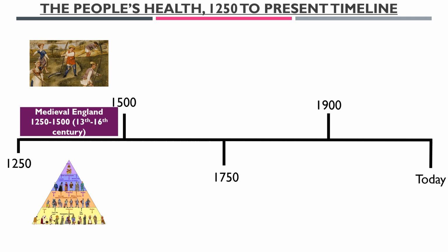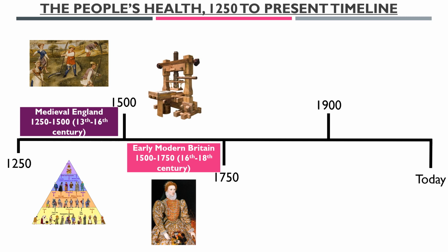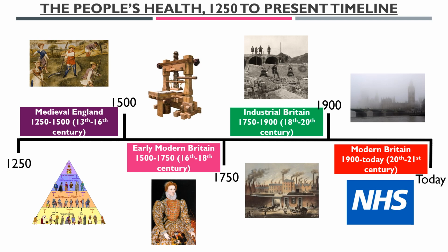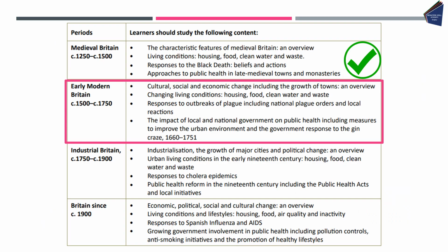This video is going to be focused on early modern Britain, 1500 to 1750, the 16th to the 18th centuries, and then there will be subsequent videos on industrial Britain, 1750 to 1900, the 18th to the 20th century, before finally moving on to modern Britain, 1900 to present day, the 20th and the 21st centuries. On screen you can see an overview of each of the time periods and what the exam boards say that you need to know for each of these.